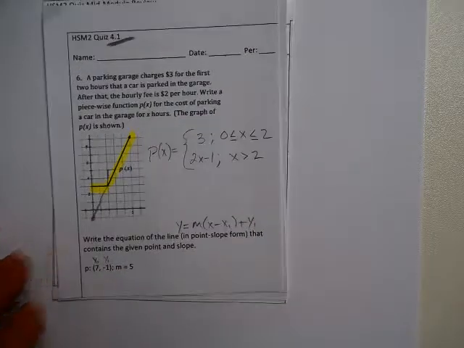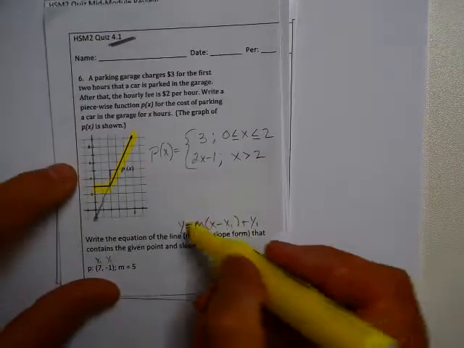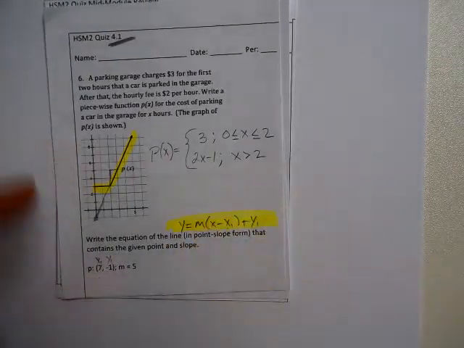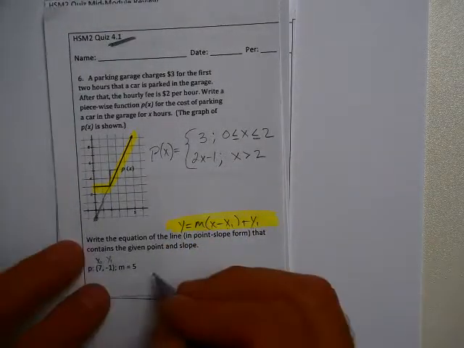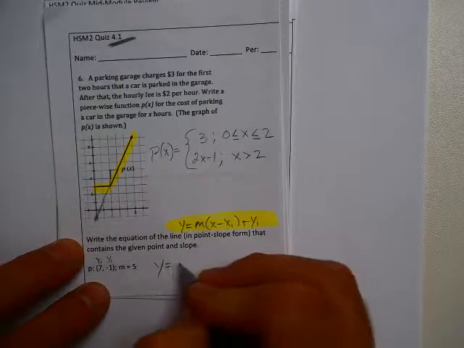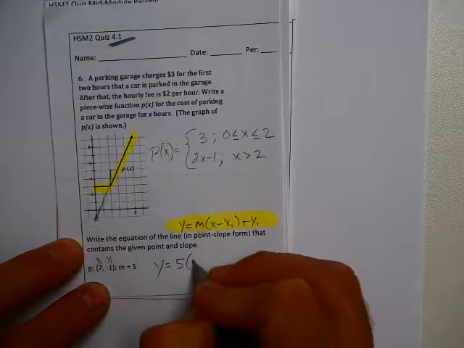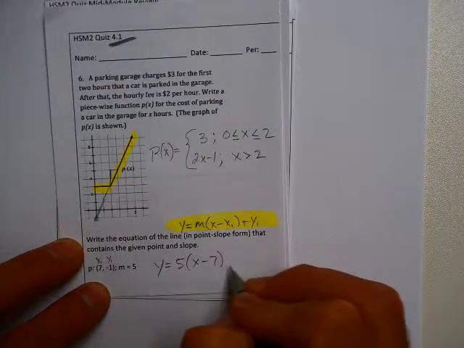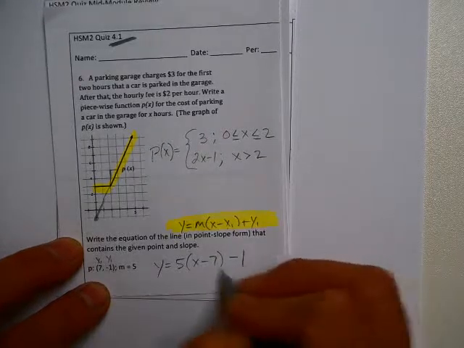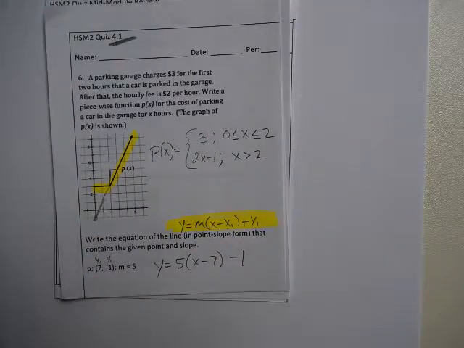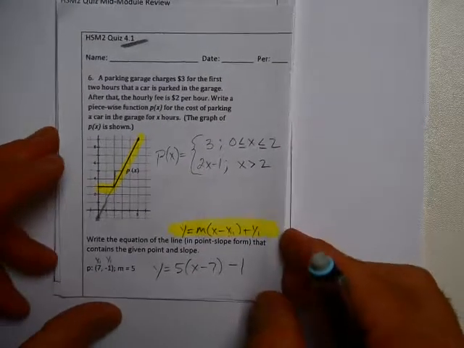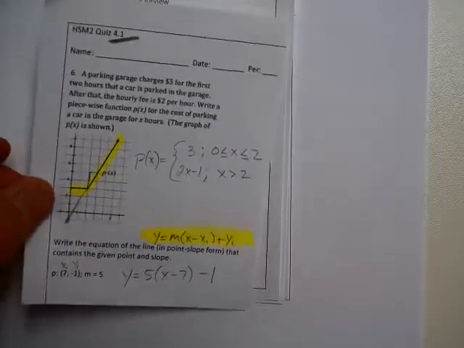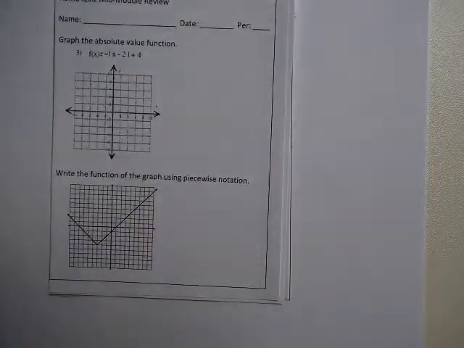And it's my expectation that this be memorized. So y equals 5 times x minus 7 minus 1, or you could say plus a -1 if you wanted. Anyway, that's 4.1, and again, it wasn't counted for credit, but I did give kids a copy to practice.